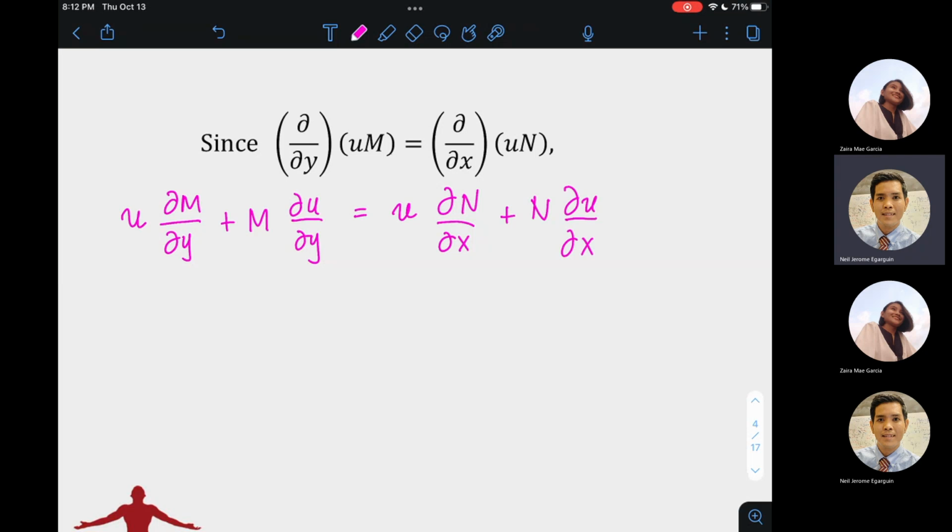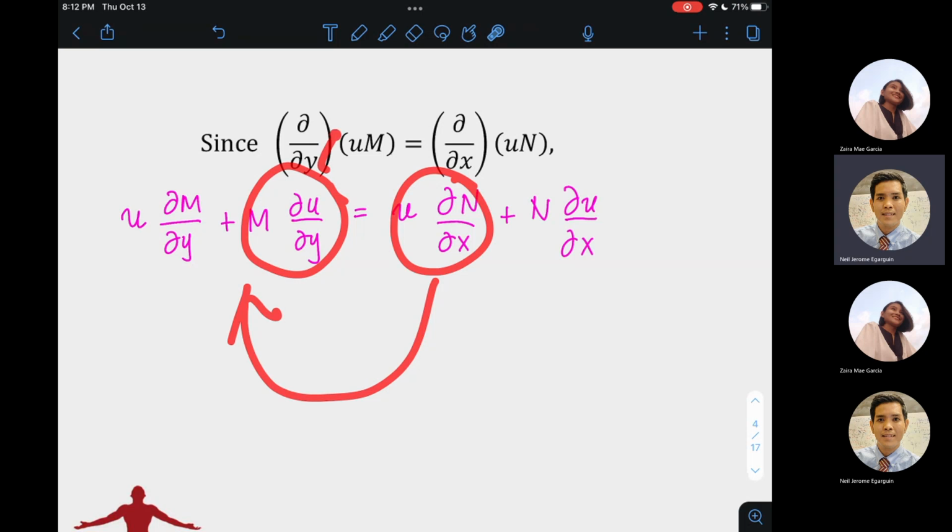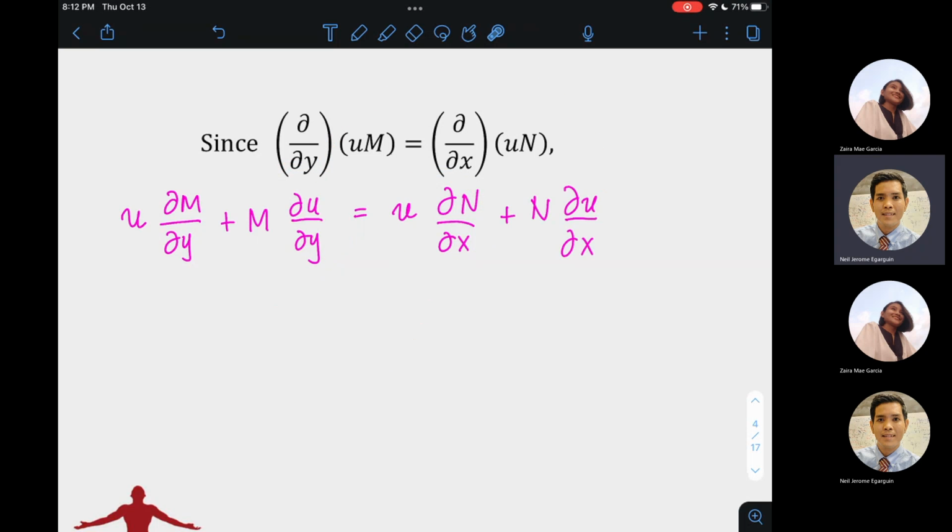Okay, so probably I can transfer some terms. So lahat ng mga may U, pwede kong ilipat sa kaliwa. Lahat ng mga walang U's, lahat ng hindi nakadepende kay U, ililipat ko sa kanan. Alright?